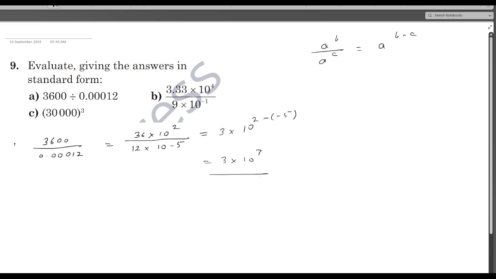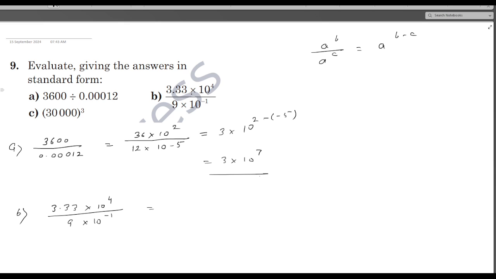Now let us do B question. 3.33 times 10 power 4 divided by 9 into 10 power minus 1. Okay. So this 3 plus 3, 6 plus 3, 9. If the sum is 9 or a multiple of 9, the number is divisible by 9.